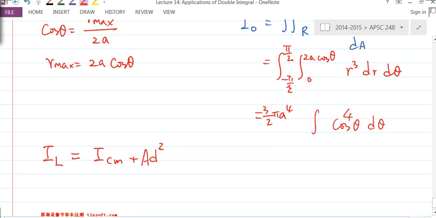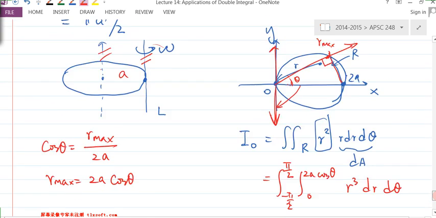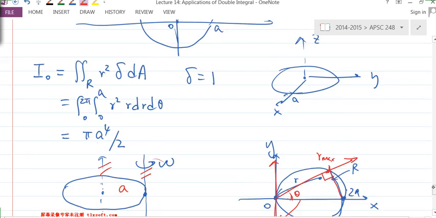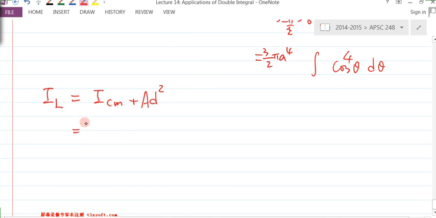In this case, I_CM will equal, as we calculated, pi a to the power 4 over 2. Area of the circle is pi a squared. D is the distance, which is a, so d squared is a squared. So together it is this. Any questions? All good?